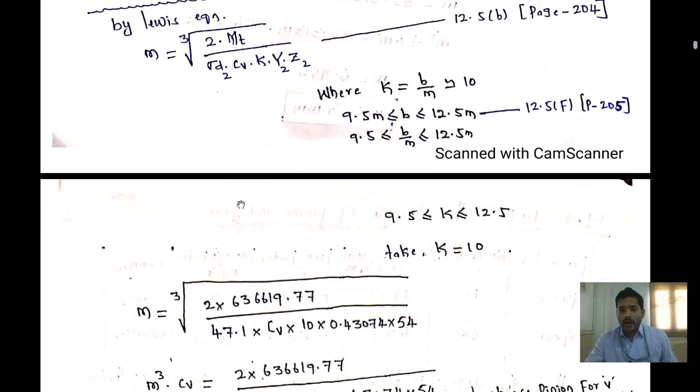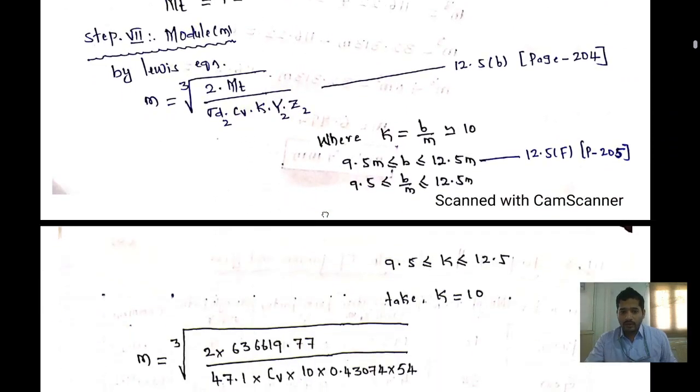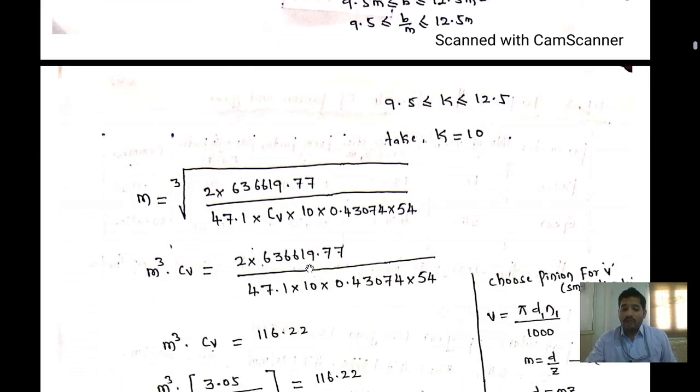So after that, 3 as it is, 2 as it is. The moment of torque we already found, 63619.77, by sigma d2, the static strength of the gear we already found, 47.1. CV we need to find out over here. K we already found, 10, into y2, the form factor of the gear, 0.43074, and the number of teeth of the gear, 54.